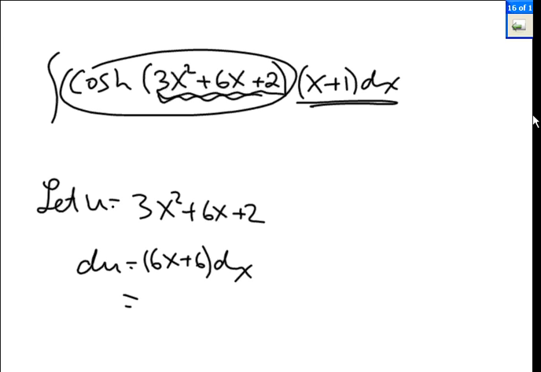Well, if you factor out the 6, then it starts to look closer. We have x plus 1 dx, we just don't have the 6. A constant is no big deal. Put in the constant, bring out the reciprocal. And believe it or not, that was a 6.